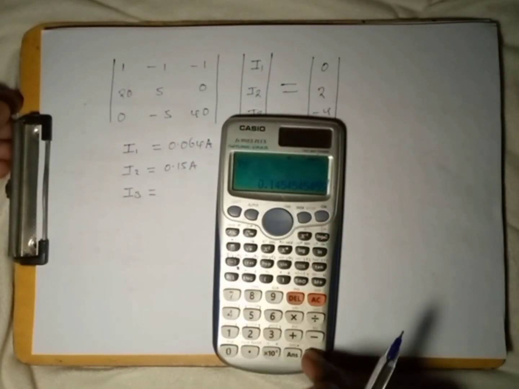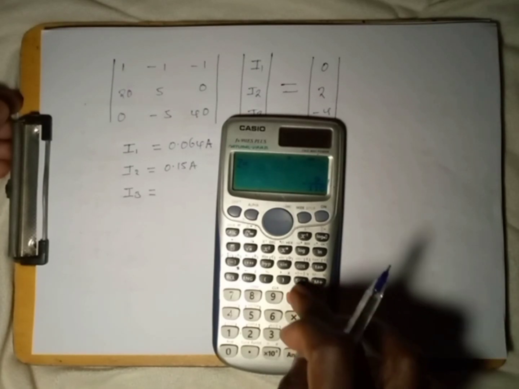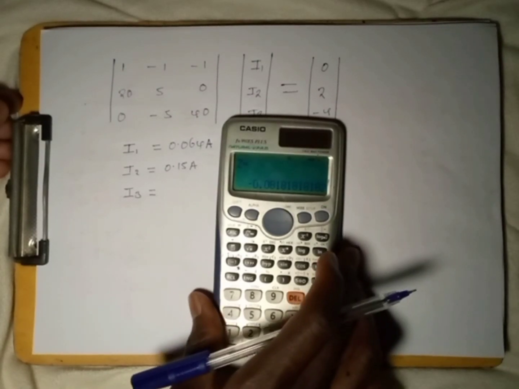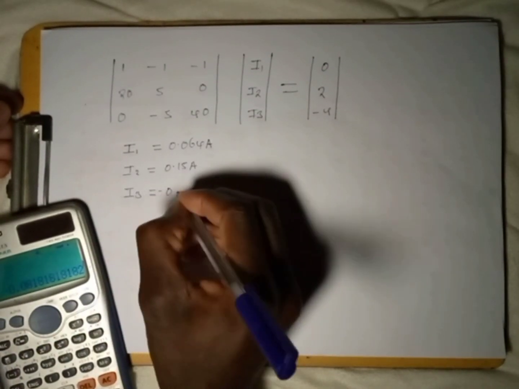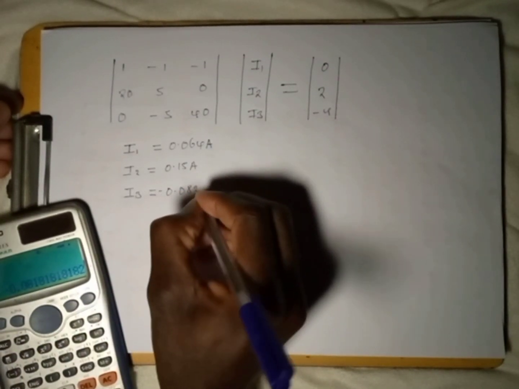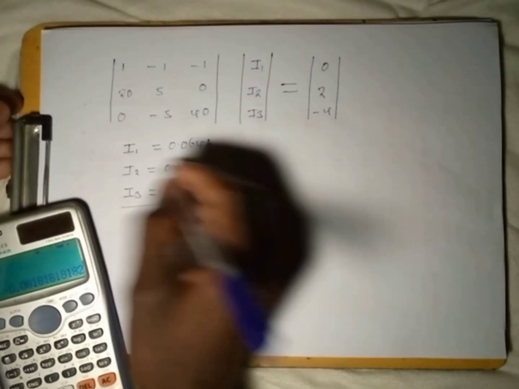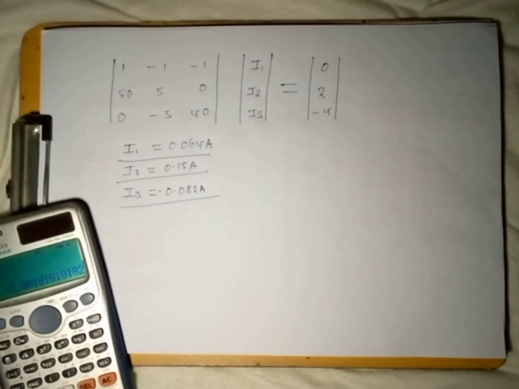Then the third one is probably a negative answer, -0.082. Meaning that you've gotten your currents. That's how we handle any question which is coming in this same way.